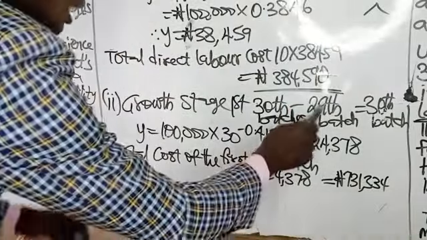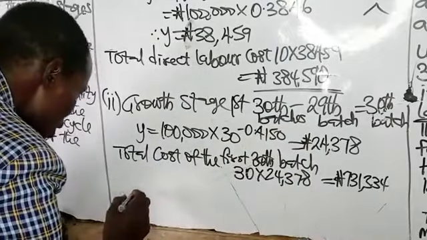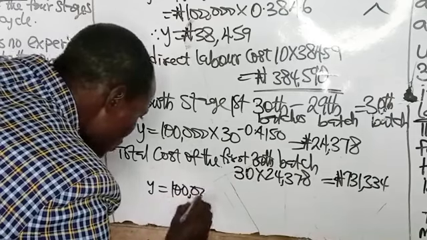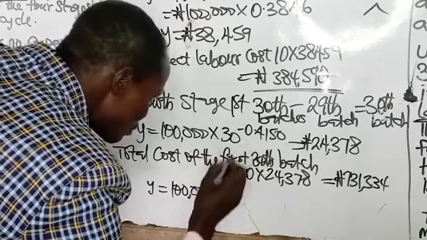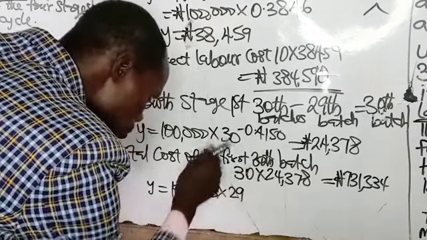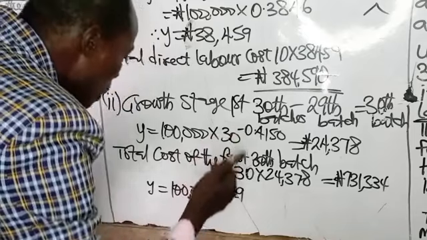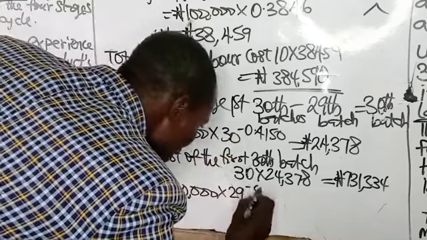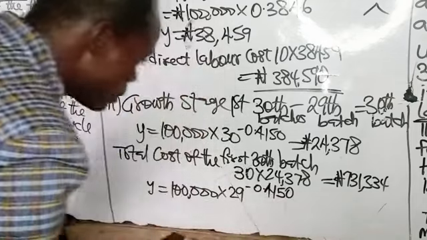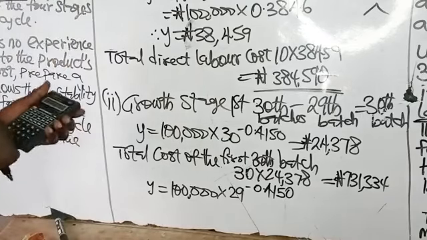Then you also need the cost for the first 29 batches. So which will be y equals 100,000 times 29 raised to the power minus 0.4150. You need these two because the learning will stop at the 30th batch. For better understanding, you can watch my earlier video on learning curve.